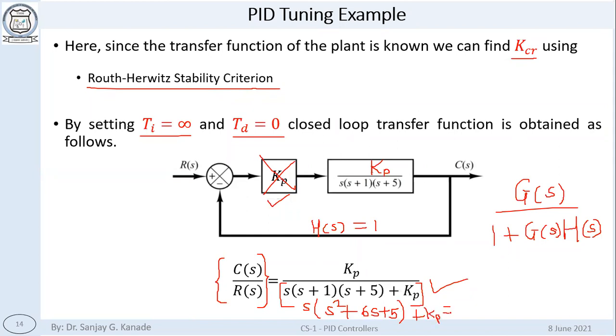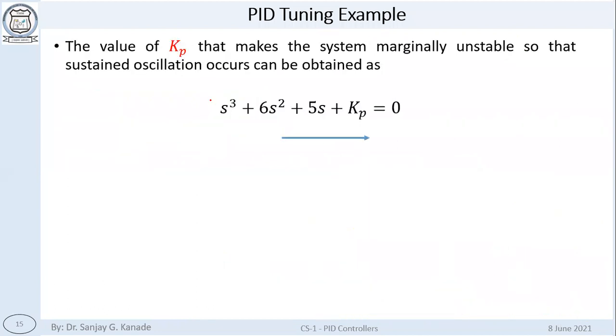And finally it would become S cube plus 6S squared plus 5S plus Kp, right? I have just expanded the brackets. So S cube plus 6S squared plus 5S plus Kp equals 0 is now the characteristic equation of the system.